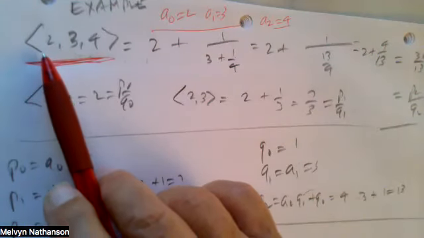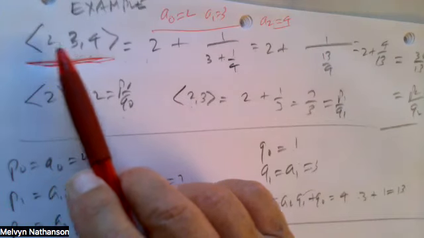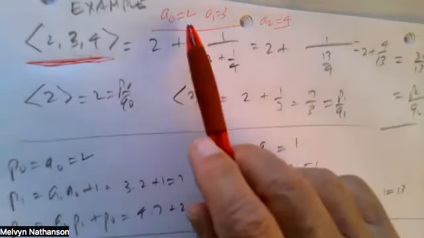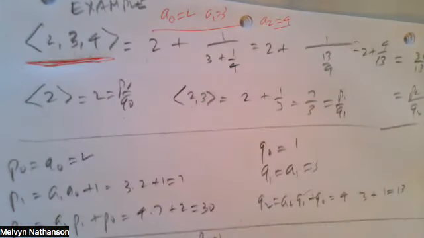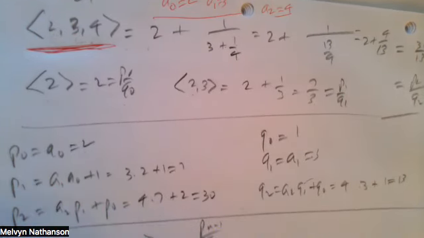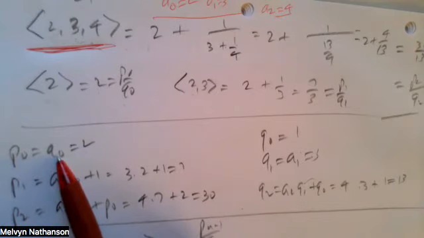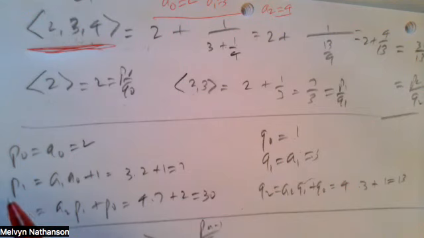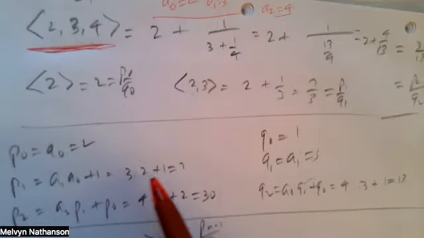When you write a continued fraction, the first number is A0, the next number is A1, the next number is A2, and so forth. All right. How are the P's and the Q's defined? P0 is defined to be A0. In this example, A0 is 2. P1 is defined to be A1 A0 plus 1. That's 3 times 2 plus 1, that's 7, and so forth. I'm just plugging these numbers into the formula. Okay, I understand. Thank you.